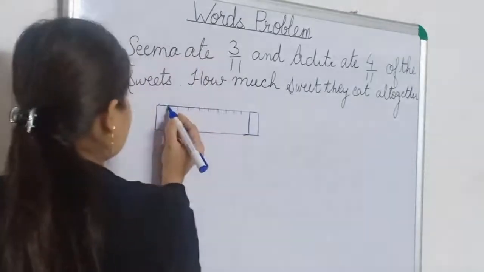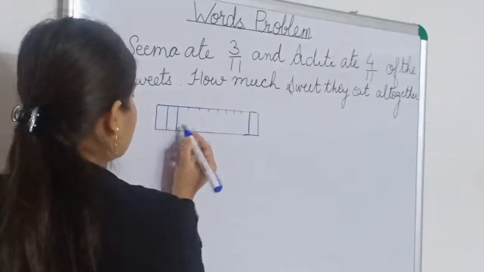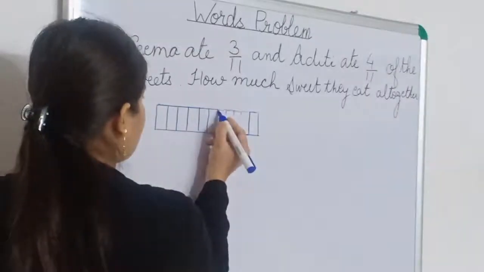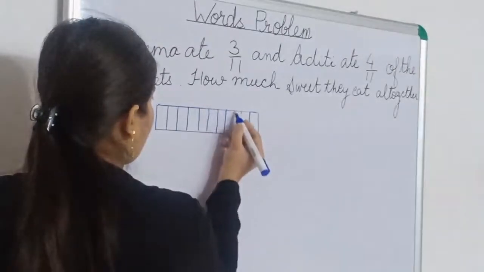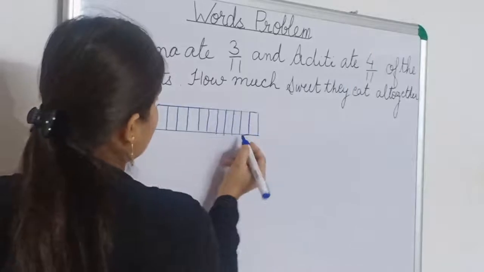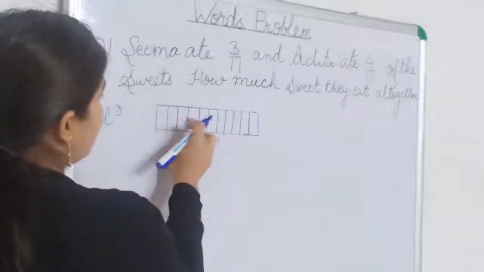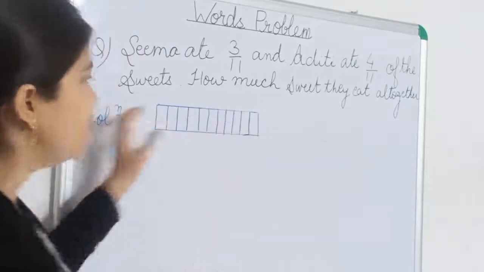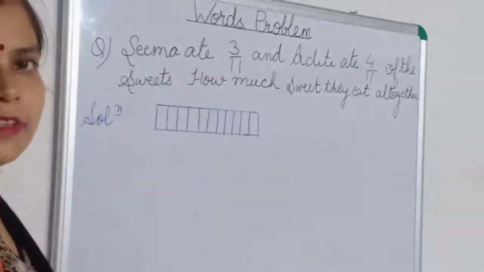So we are dividing into 11 equal parts. You can count here 1, 2, 3, 4, 5, 6, 7, 8, 9, 10, 11. So this sweet we have divided into 11 equal parts.